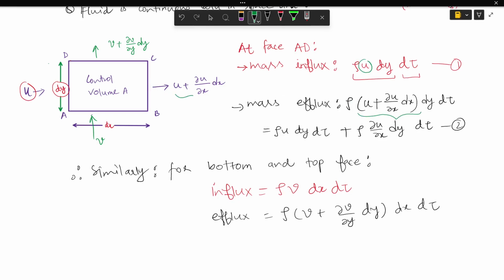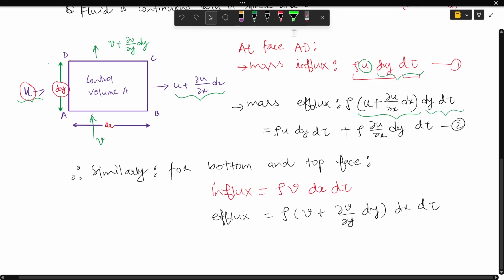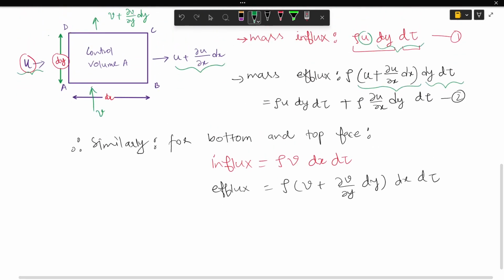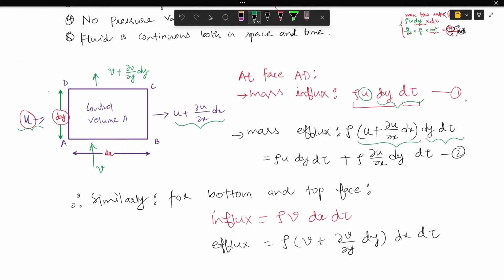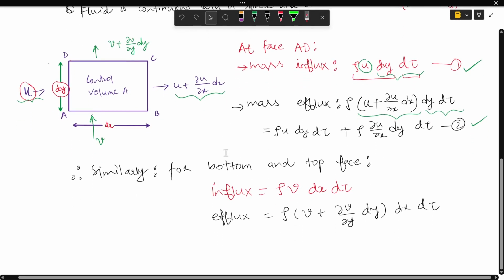This is u in case of influx, but this is the value of the velocity in case of the efflux. So u plus partial u partial x dx, and dy d tau is written the same as it is. Then we have done nothing but multiplied this thing and opened that. So this became our equation number 1, and this became our equation number 2, mass influx and mass efflux.